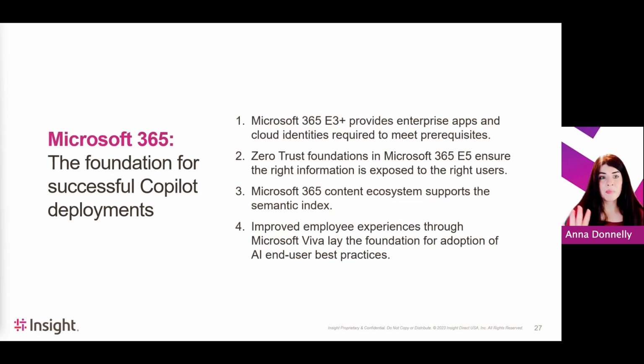So again, Microsoft 365 E5 has all of those nice productivity apps in there. And combined with Viva, the pieces that are included with E5, not necessarily the suite, are going to help lay that foundation.